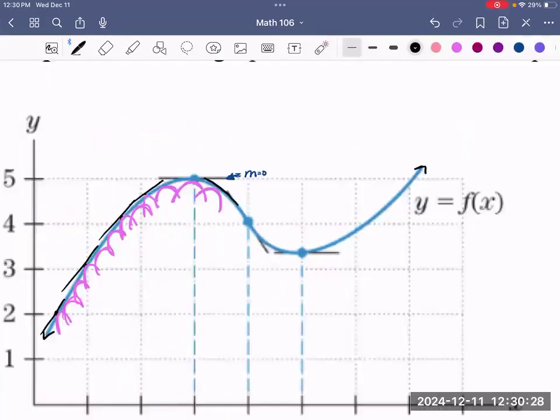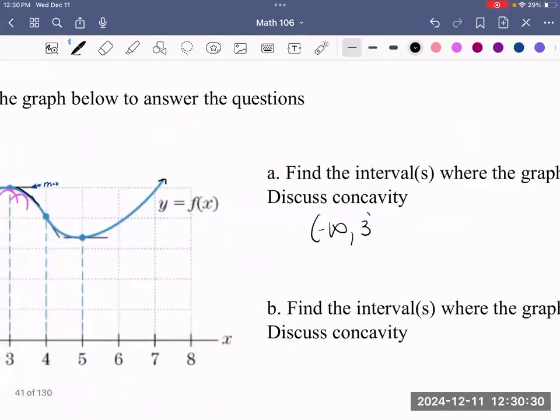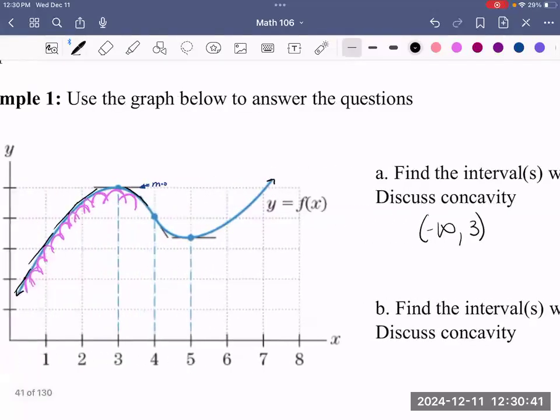We're no longer increasing or decreasing, which means we're going to use parentheses around this 3. So that is where your graph is increasing on that interval.